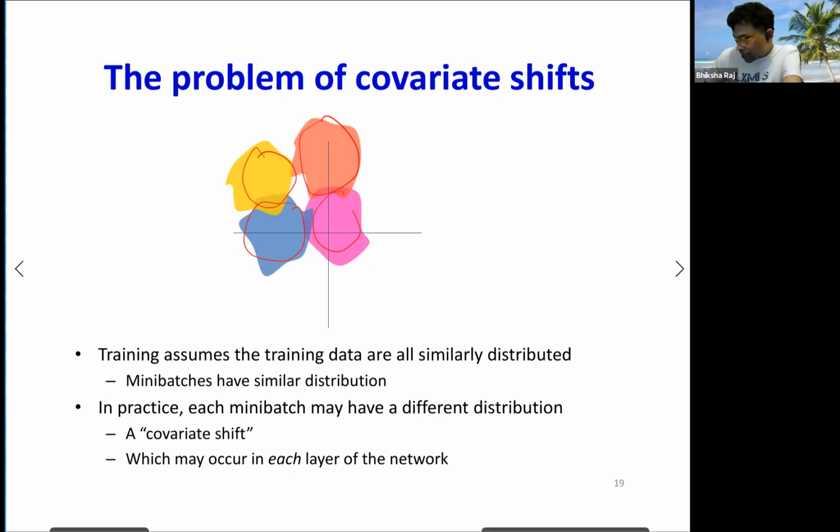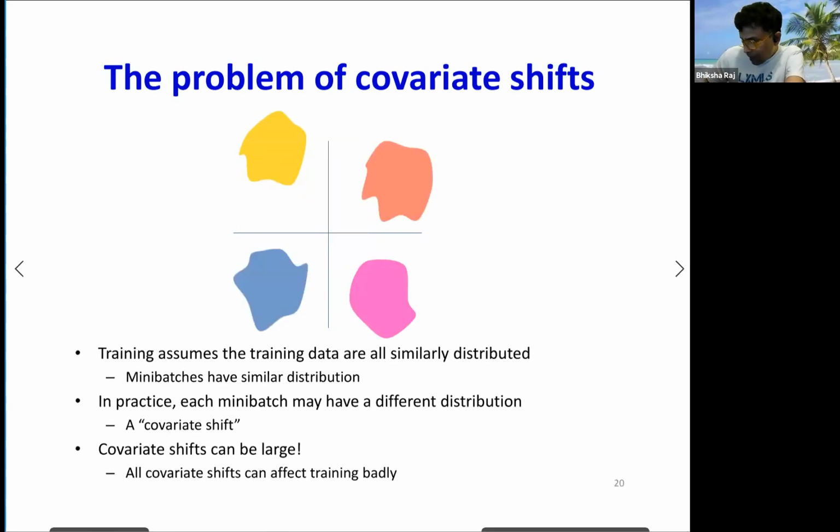The mini batches have covariate shifts with respect to one another. And in fact, these shifts across mini batches can be very large. Because mini batch training implicitly assumes that all of the mini batches are similarly distributed, these shifts can affect the convergence of the training very badly.